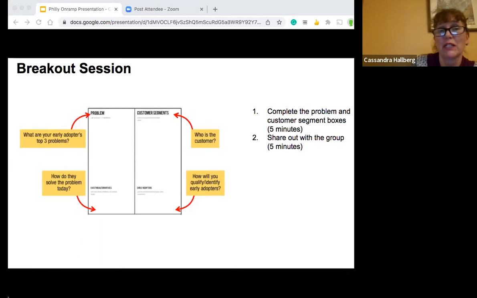The customer segments that we would be going to are consumers, doctors, drugstores, club stores, and mass. And our early adopters, we'd be looking for patients that have really tried everything and are open to trying an ultrasound technology to improve their sinusitis.